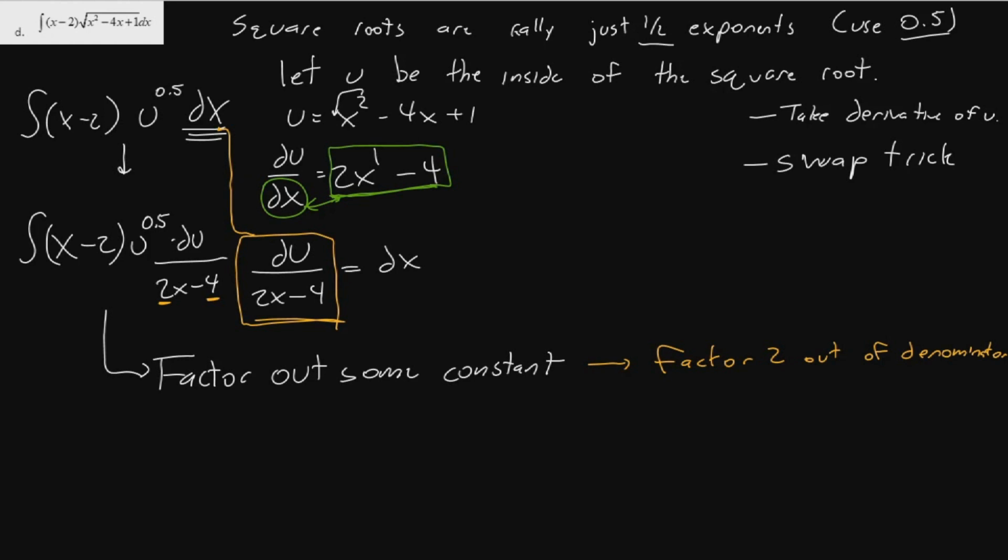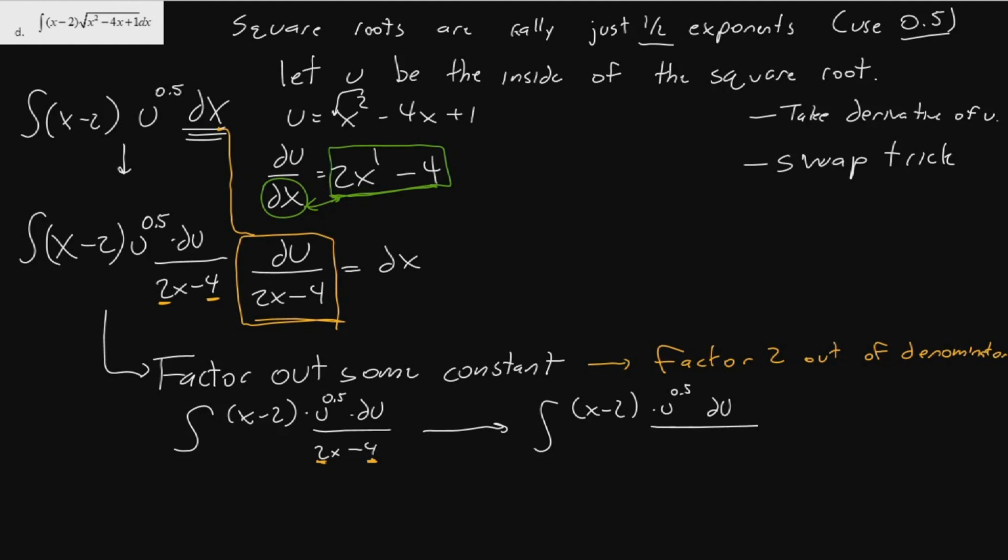So the integral previously would have been x minus 2 times u to the 0.5 times du over 2x minus 4. But if we go to the denominator and factor a 2 out of both of these, we'll have integral of x minus 2 u to the 0.5 du.